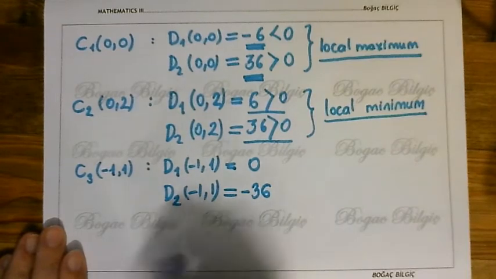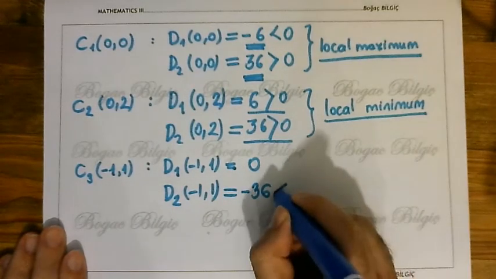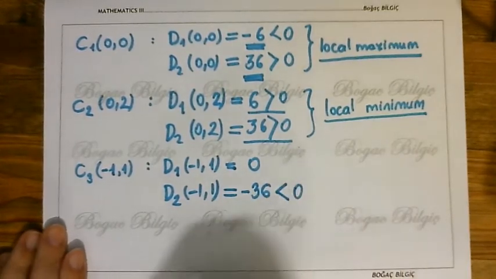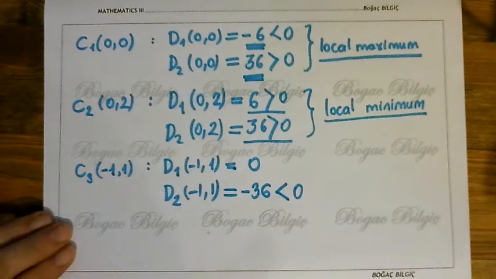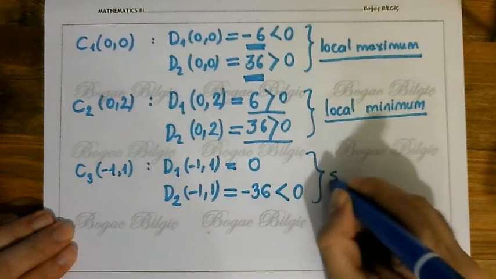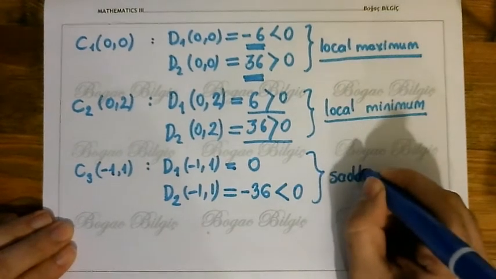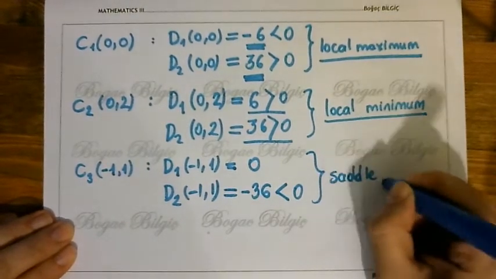Minus 36 is smaller than 0. This implies that C3 is a saddle point.